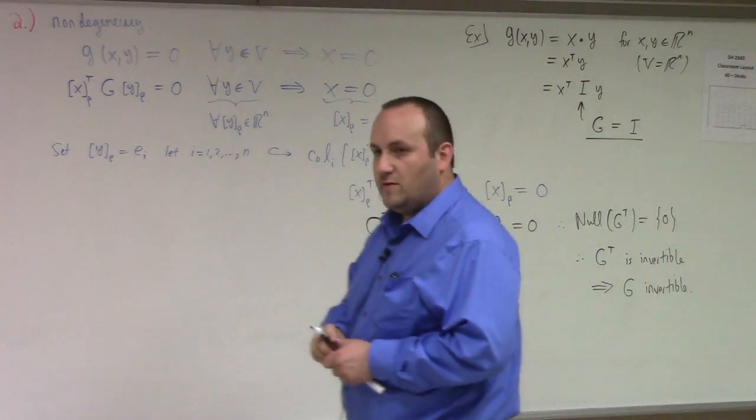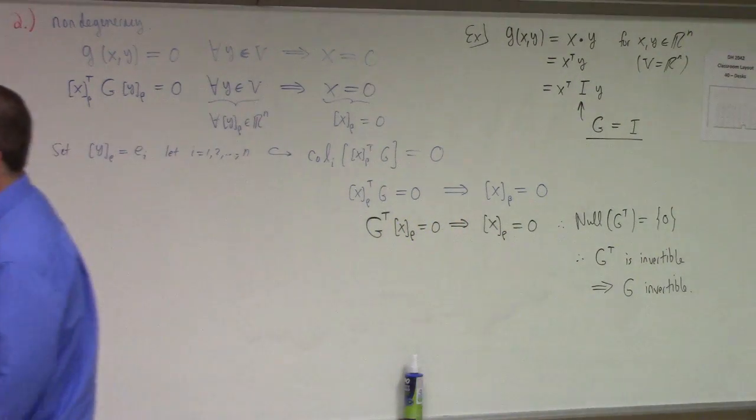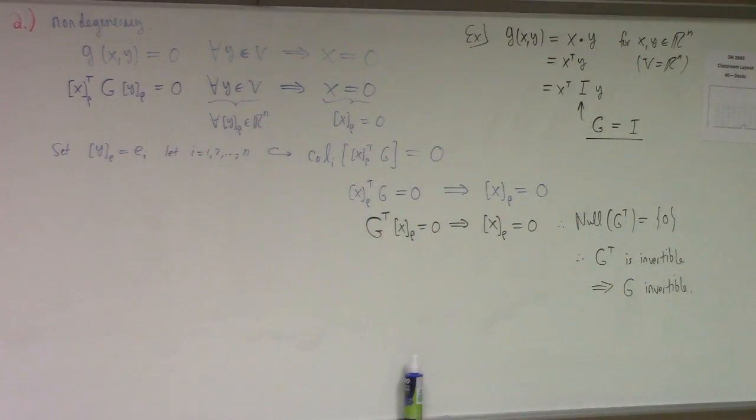The condition of G orthogonal becomes: you have the dot product of L of x with L of y equal to x dot y. You had a homework problem where you showed that this implied you got an orthogonal matrix.